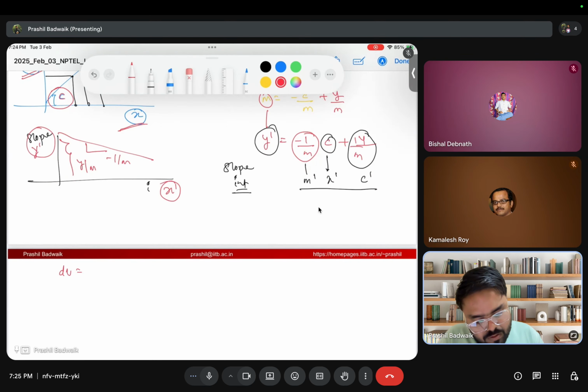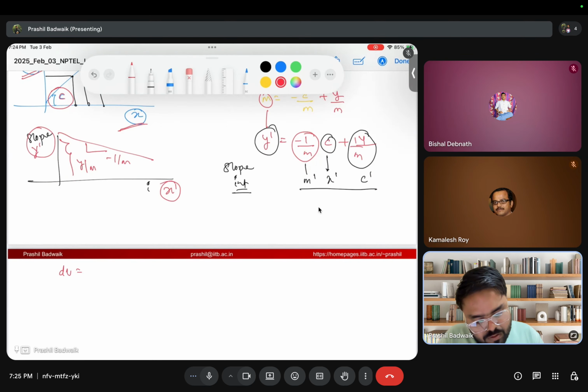So can I represent this equation using the same? What is my y? Y is my s, correct? Because I am writing in terms of this, c is equal to y minus mx. So what is my y here?